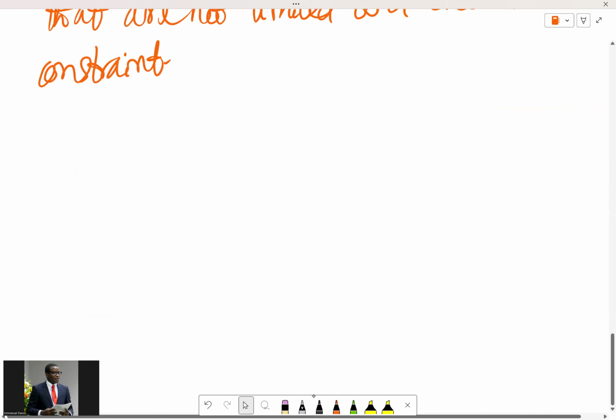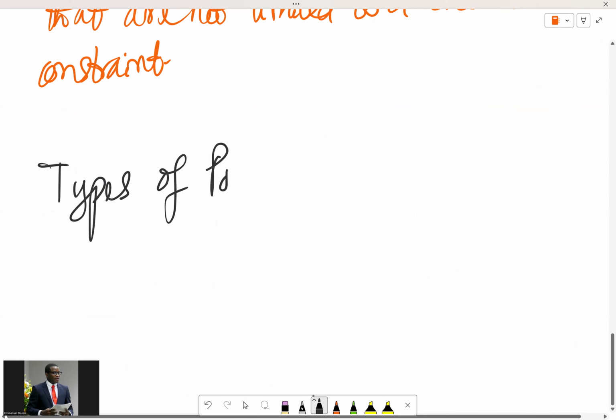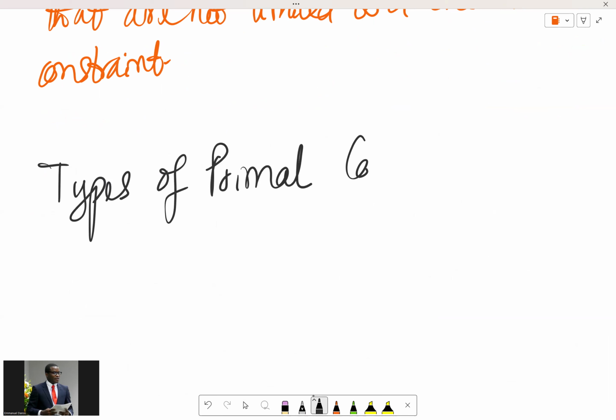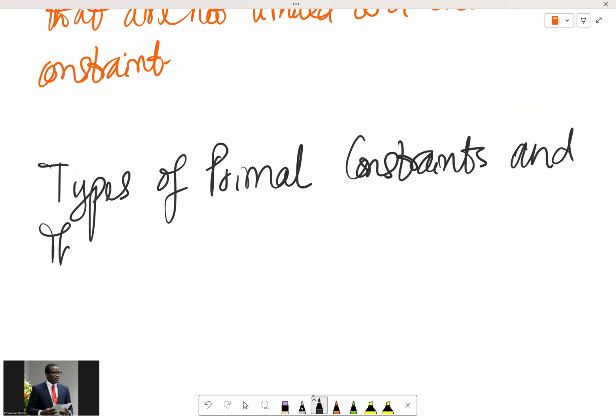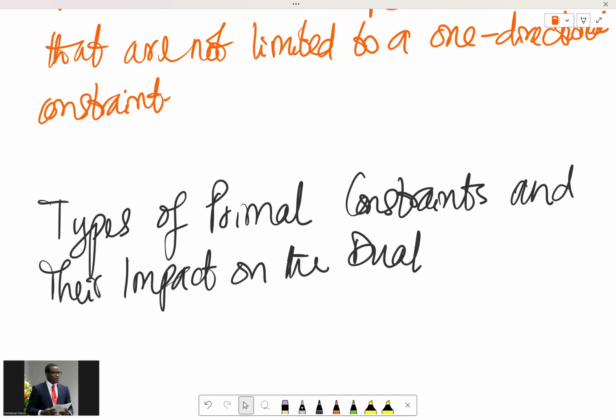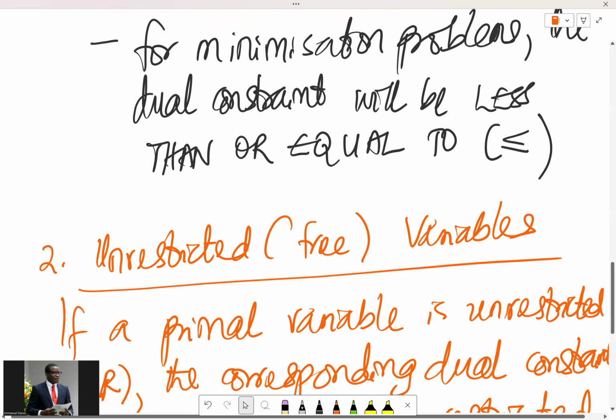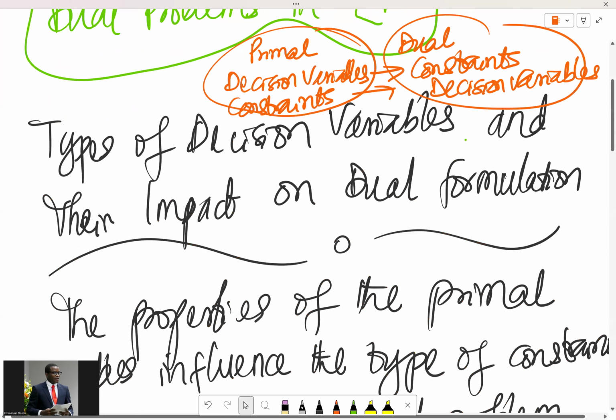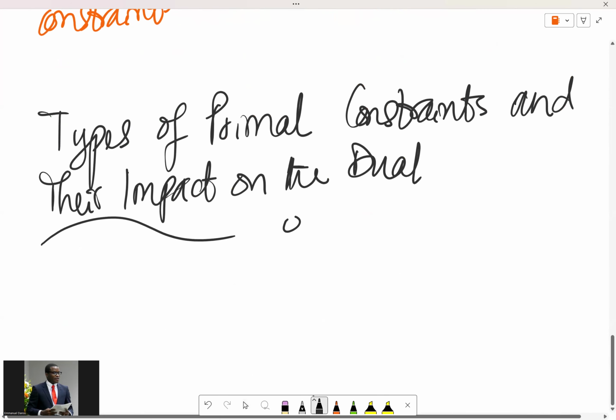So again, let's talk about types of primal constraints and their impact on the dual. Before it was types of decision variables. Now it's types of primal constraints.